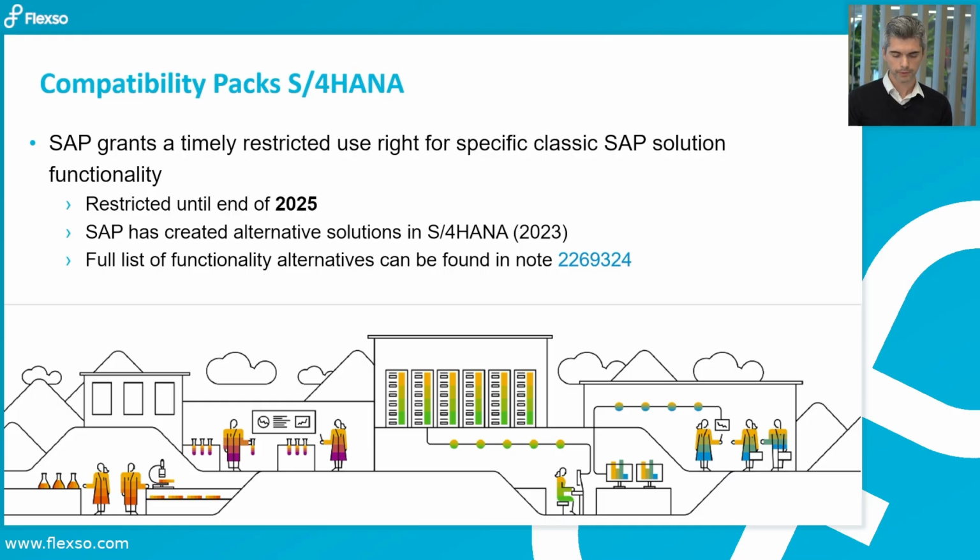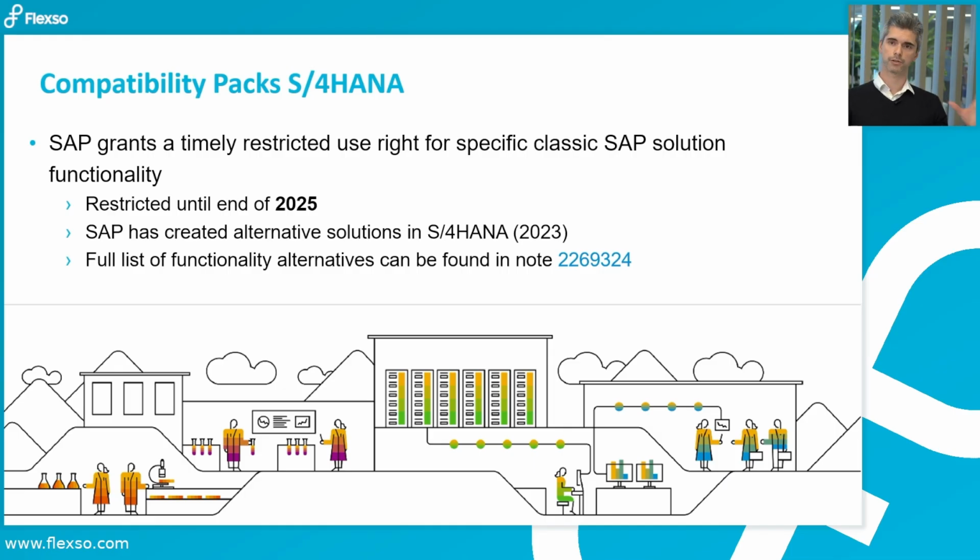However, since SAP S/4HANA 2023, SAP has been working on new functionalities, mainly located in the Fiori domain, the Fiori Launchpad. They've been developing all kinds of new solutions to replace these old functionalities from SAP ECC. There's actually a note online on the SAP for Me website that you can consult, where you can see all these old functionalities listed and the new functionalities that SAP has developed since.